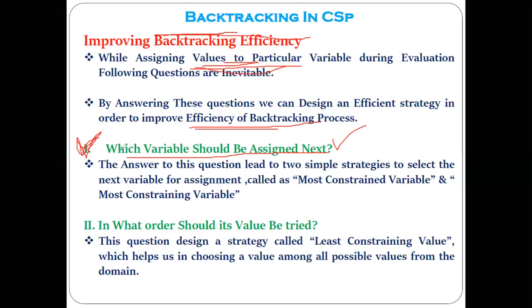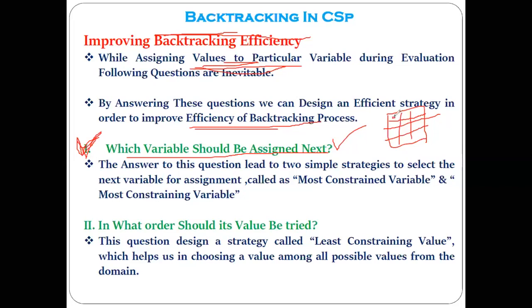The first question we have is which variable should be assigned next, just like we have this kind of chessboard. In the example, we directly started assigning the variable from the first position, yes or no?